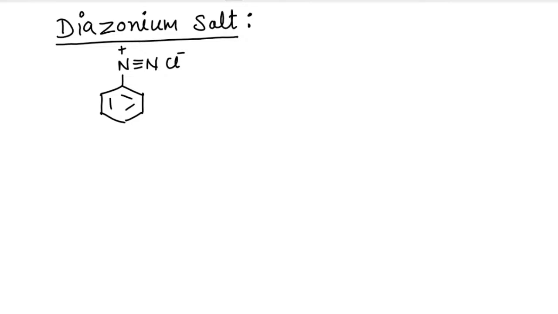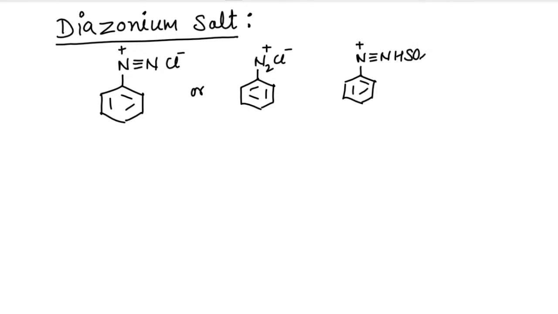This is benzene diazonium chloride, or we can write it simply as N2+ Cl-. Or we also have benzene diazonium hydrogen sulfate, like this.